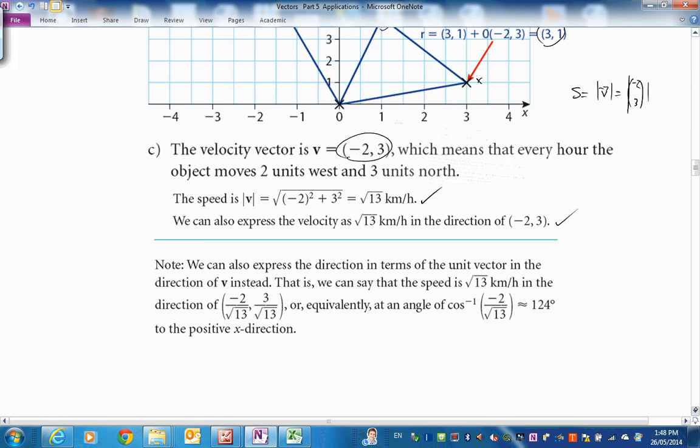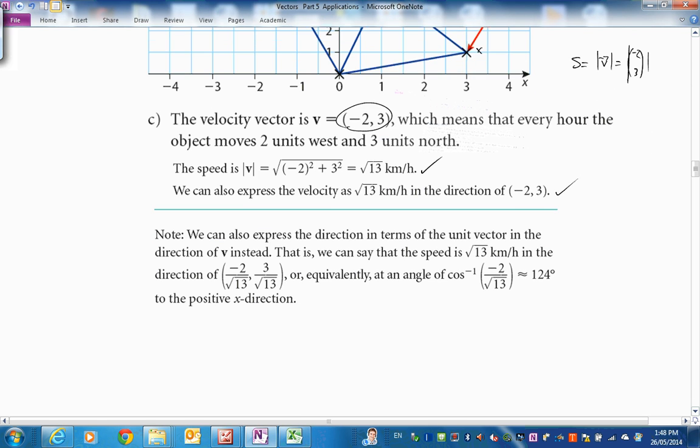Okay. And what we could do is put it this way, as a unit vector type thing, or we could quote its direction as theta is tan^-1 of 3 over -2, that from before, or cos^-1 of -2 over root 13.